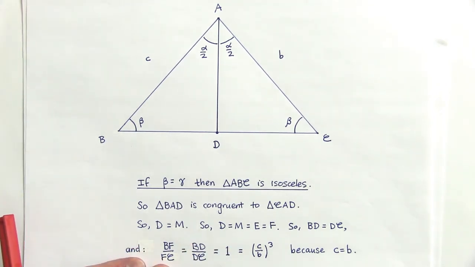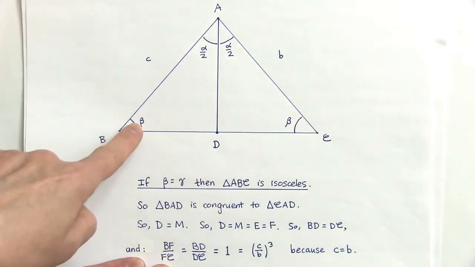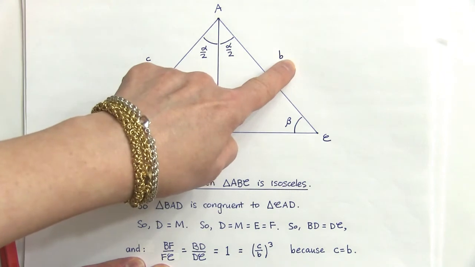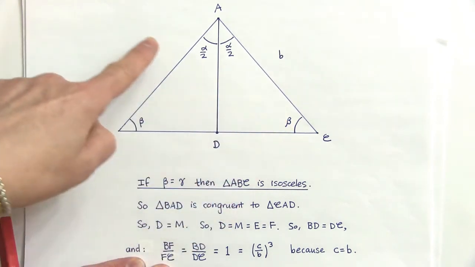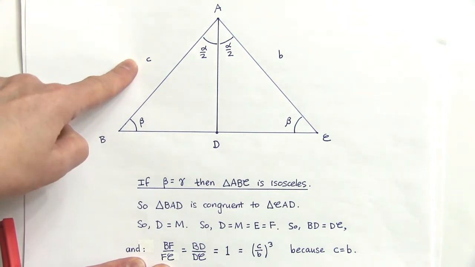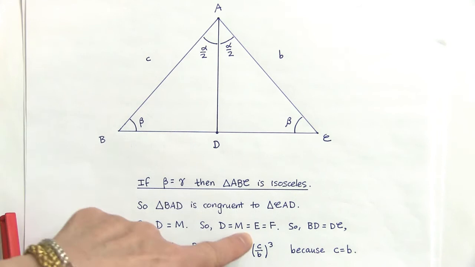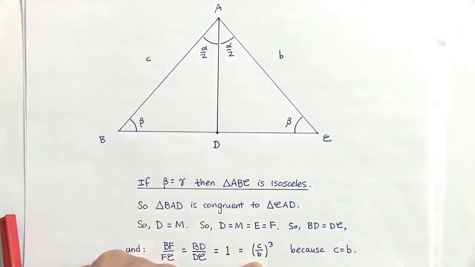And again, by property 2 of the angles and triangles, because these angles are equal, the opposite sides, C and B, will also be equal, so little b will equal little c, which means that c cubed over b cubed will be the ratio c over b, cubed.